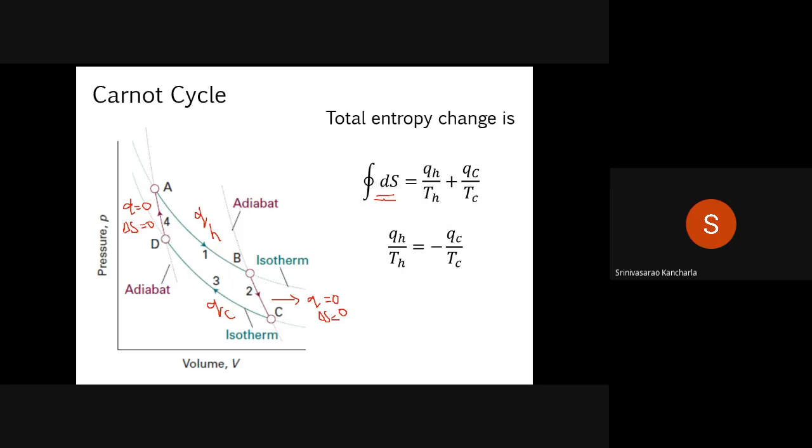And here, if you go for the definite integral of delta S, you know that entropy is a state function. The cyclic integral of a state function is zero. So from that you can have this relation: QH by TH is equal to minus QC by TC.